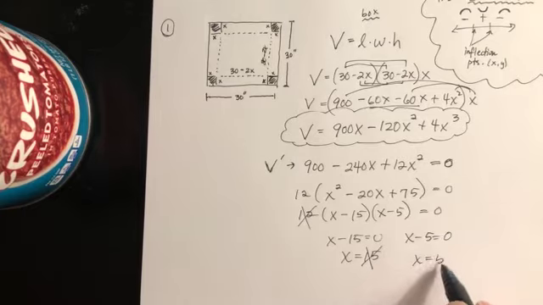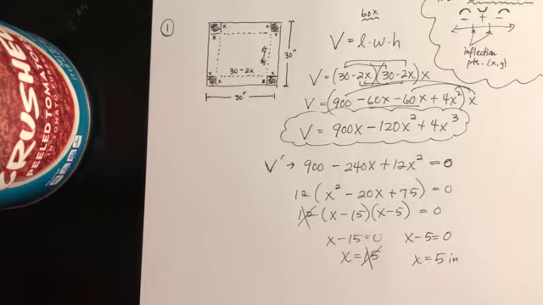X equal to 5 inches, since we're all in inches, is going to be the correct x. Now we can answer the question. And the question was, what dimensions will yield a box of maximum volume, and what is the maximum volume?